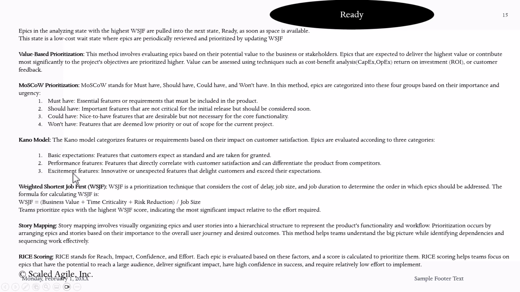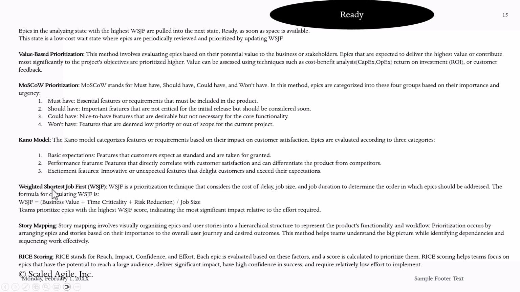And also excitement features: innovative or unexpected features that delight customers and exceed expectations. If you come up with a feature that excites customers, using the Kano model, those epics should be high priority.